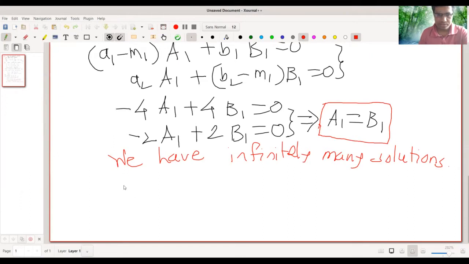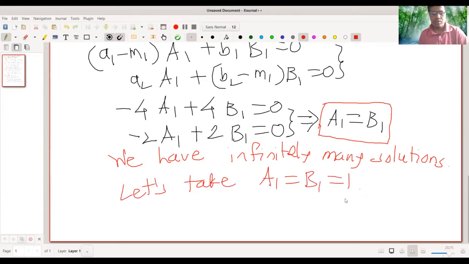Let us take A1 equal to B1 equal to 1. Similarly, we find constants A2 and B2 using the value M2.